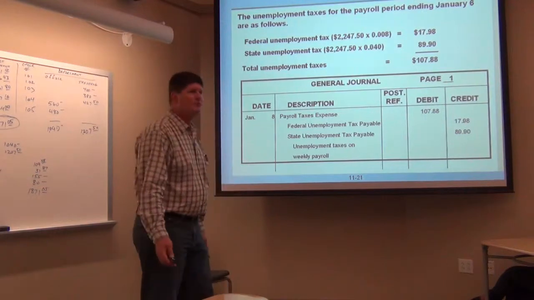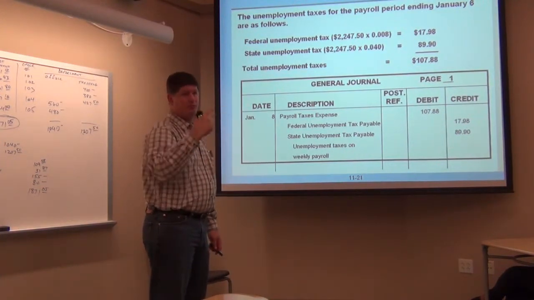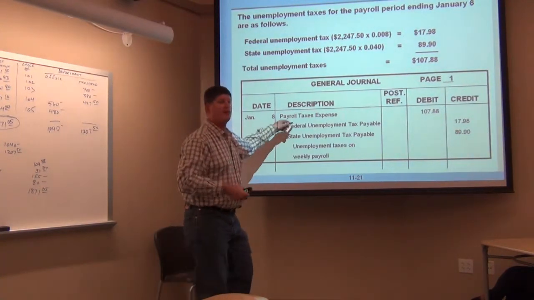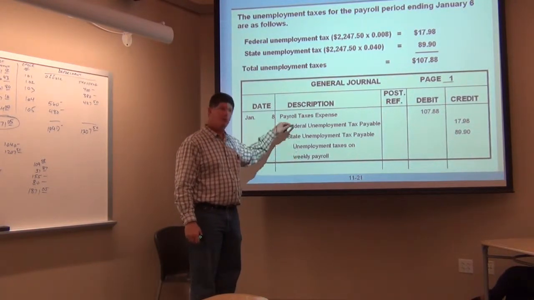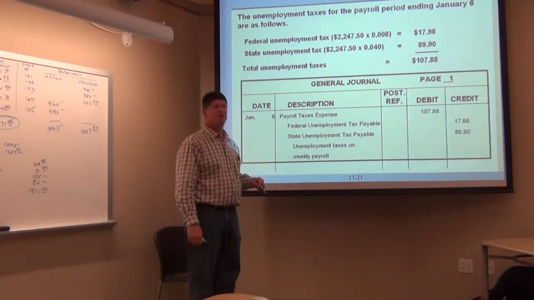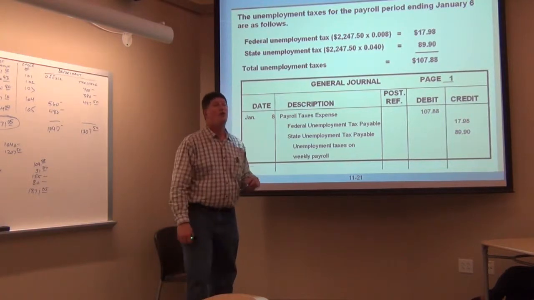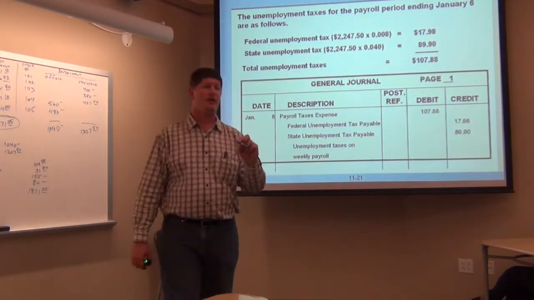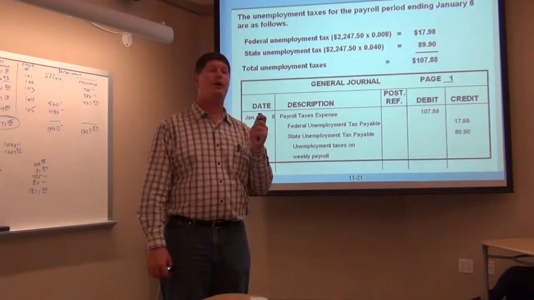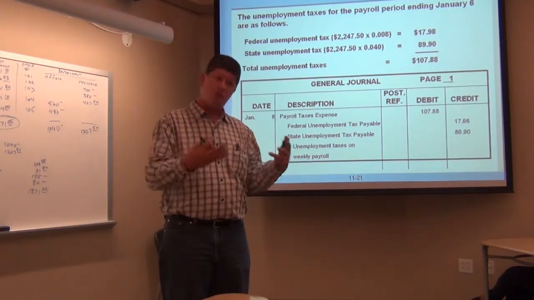So per your question earlier, you would calculate this every time you do a payroll register and make this entry to record the expense. Up to $7,000 for each employee. So if you're in December and you hire a brand new employee, they're at zero, so you're still going to be calculating this.